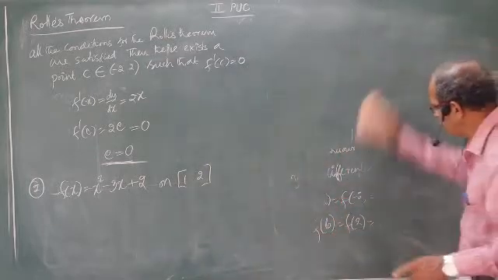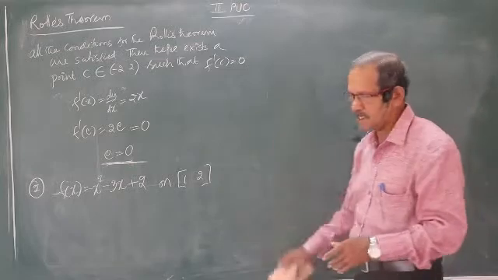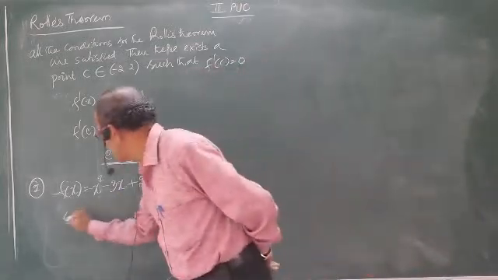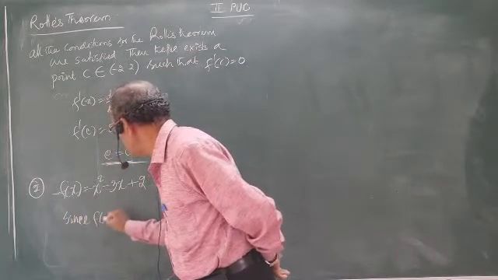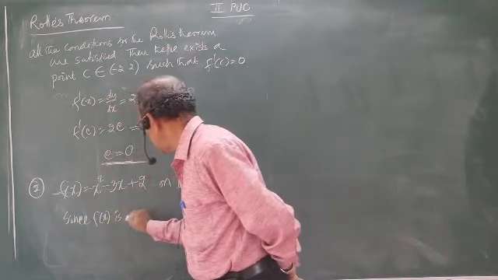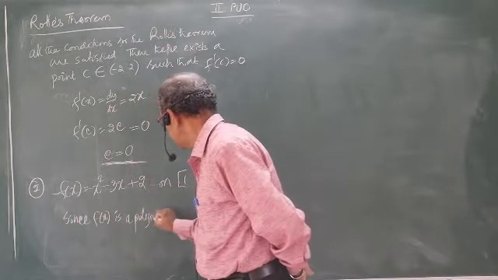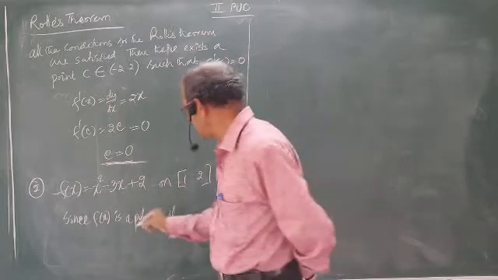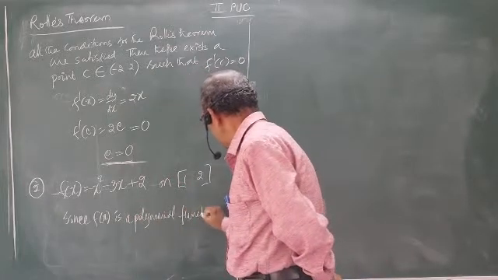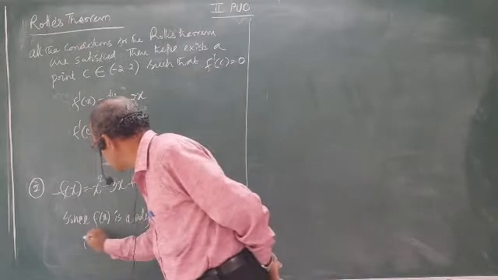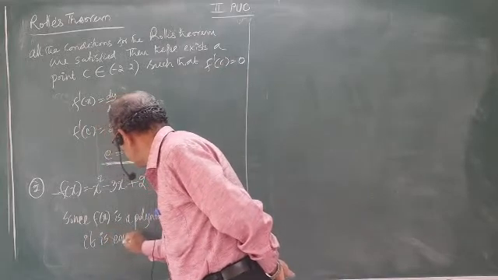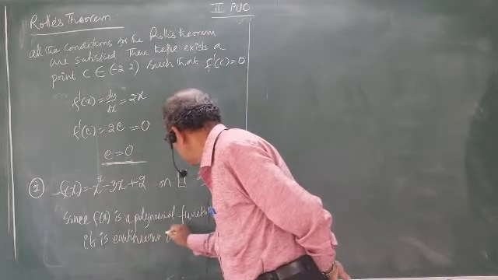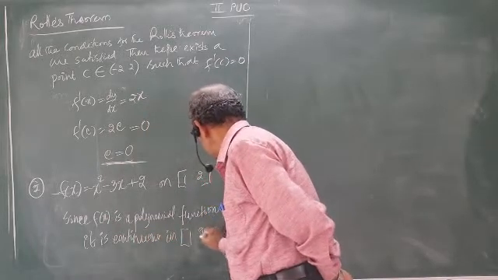What are they? First one is continuity. Yes, polynomial equation, no doubt it is a continuous function. Since f of x is a polynomial function, it is continuous in the closed interval 1, 2.